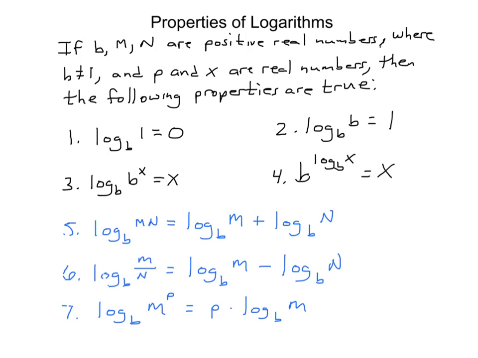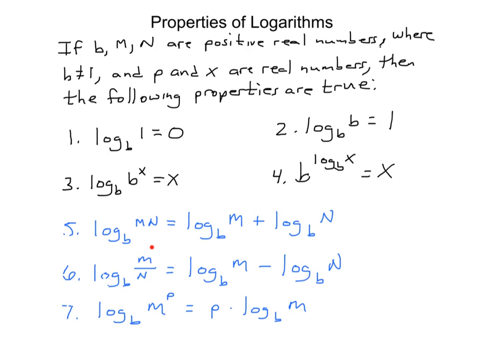I'll just get x. So here I'm taking a composition of the log and its inverse exponential, and here the exponential and the inverse of the exponential, which is the log. So both of these are a composition of a function and its inverse, and that is always equal to x. Properties 5, 6, and 7 are going to be the ones that a lot of what we do is going to be focused on.